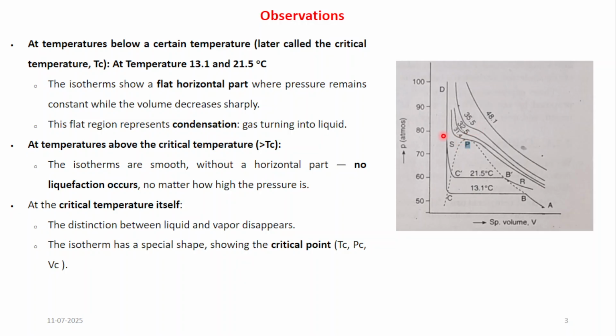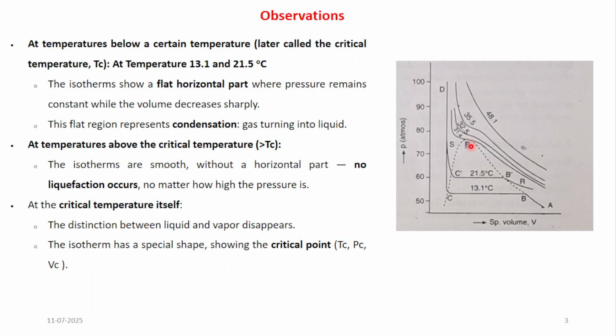This is the maximum temperature above which you cannot convert the carbon dioxide gas into liquid, even if you increase the pressure very high. So this particular temperature, Andrews termed it the critical temperature. This is the critical temperature of carbon dioxide.